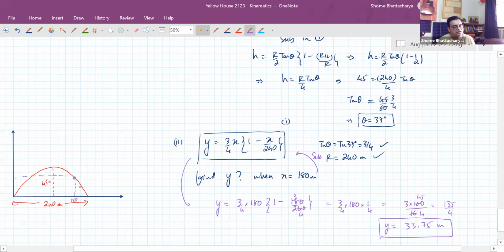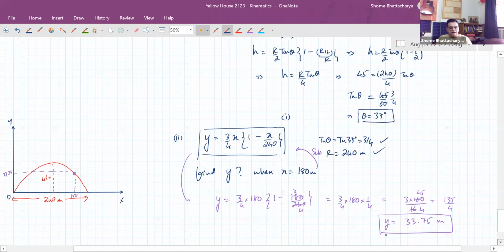This is 180, and this is apparently 33.75. So this is the height from the ground when x is equal to 180 meters.